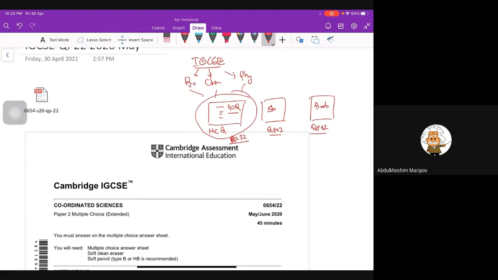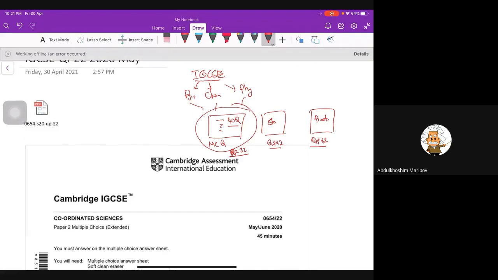I will solve maybe three past papers related only to physics questions. Then I will do a mock examination. The questions will be only relating to physics, okay, guys?